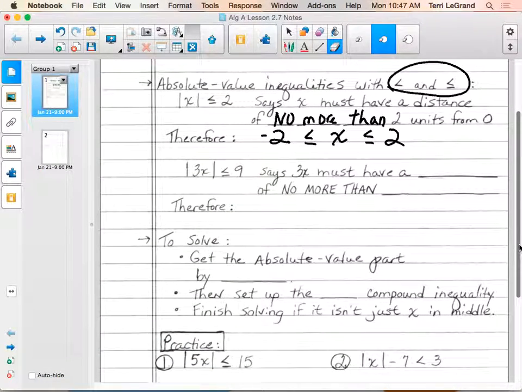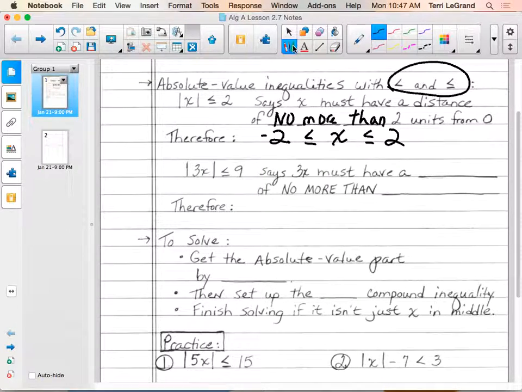Okay, let's look at the next one. The absolute value of 3x is less than or equal to 9, says 3x must have a distance of no more than what? 3 units from? 9.